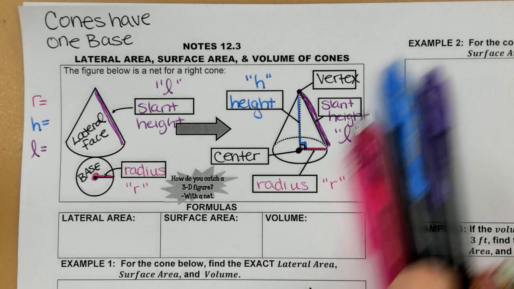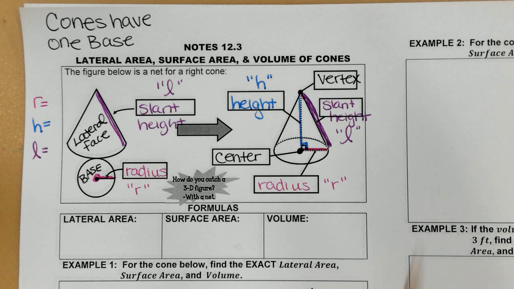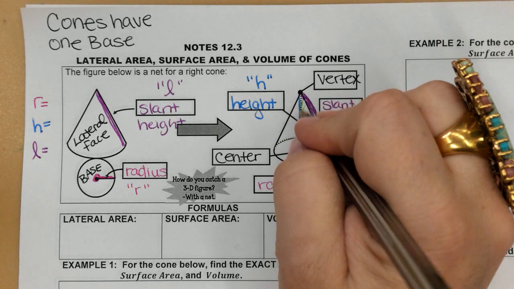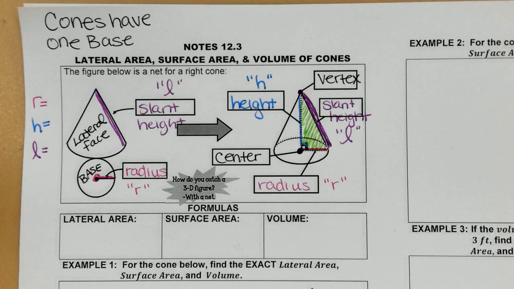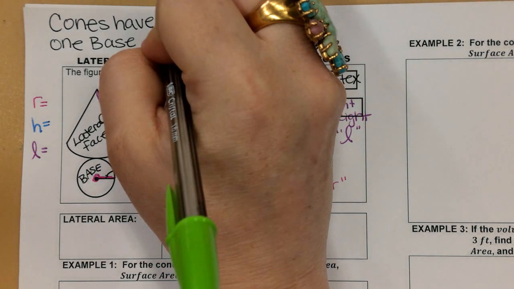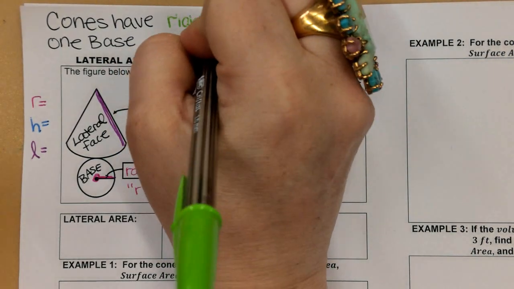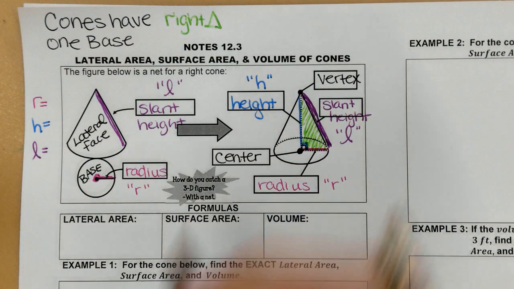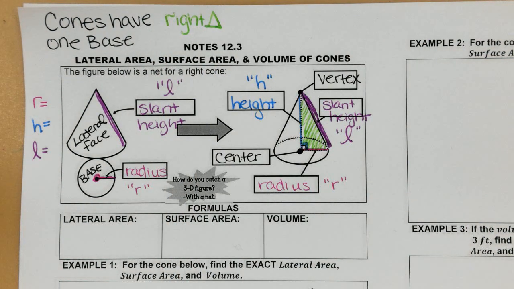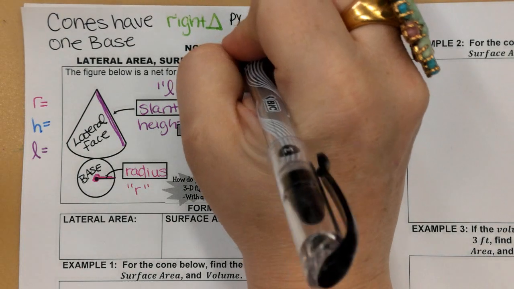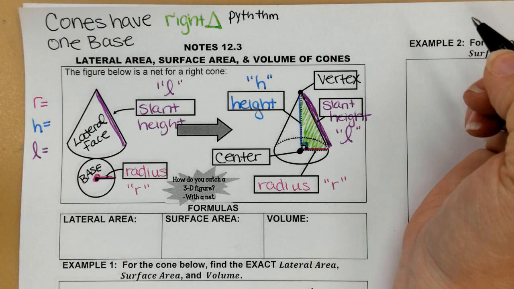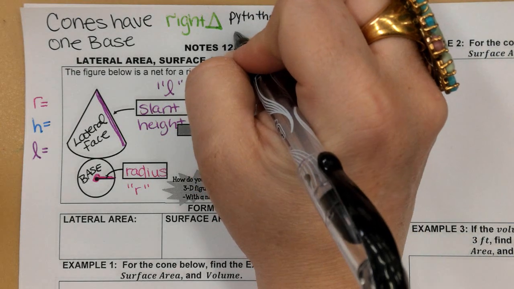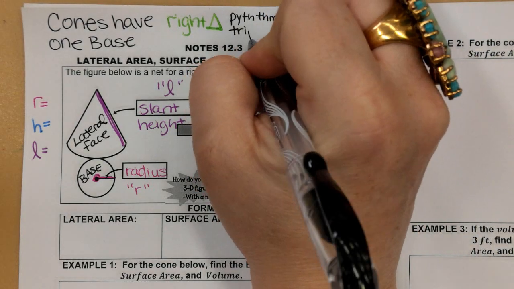Now, in this shape, we're going to cue in on this sliver of a triangle. How do we solve for right triangles? We've used the Pythagorean theorem, which is a squared plus b squared equals c squared. We've learned Pythagorean triples.